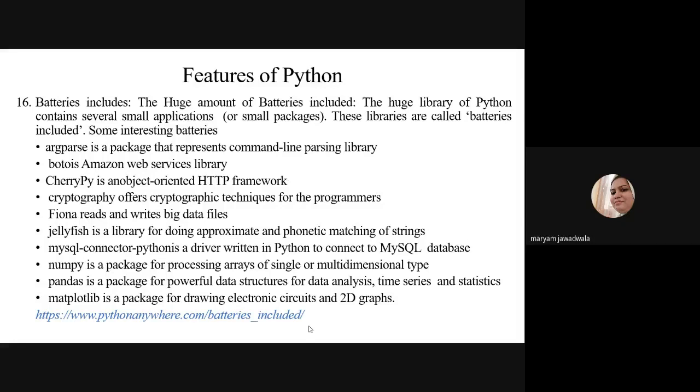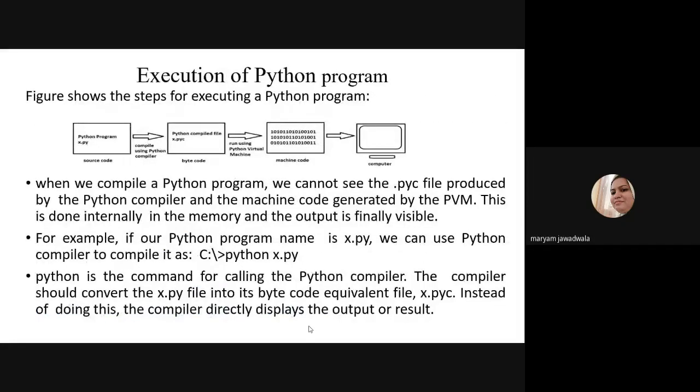So next one is execution of the Python program, how the Python program is executed, right? This figure shows how the Python program is executed. First, whatever program you write, you save it. You must save the program using the .py extension, and that program is known as your source code. Now you need to compile the program using the Python compiler.